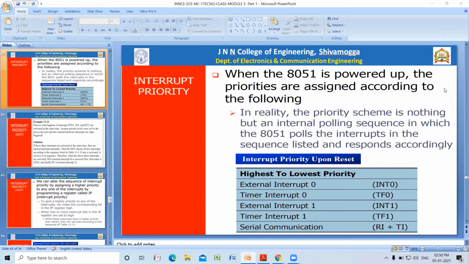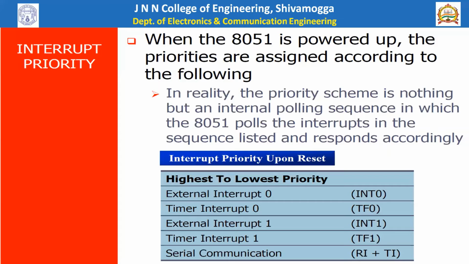So when 8051 is powered up, the priorities are assigned according to the following table.